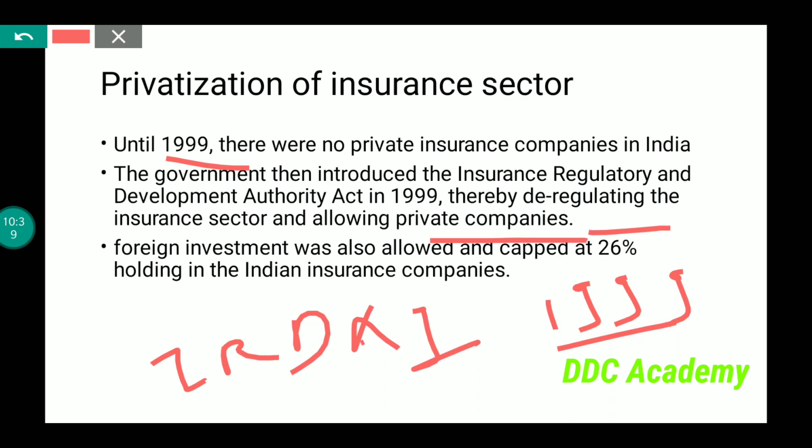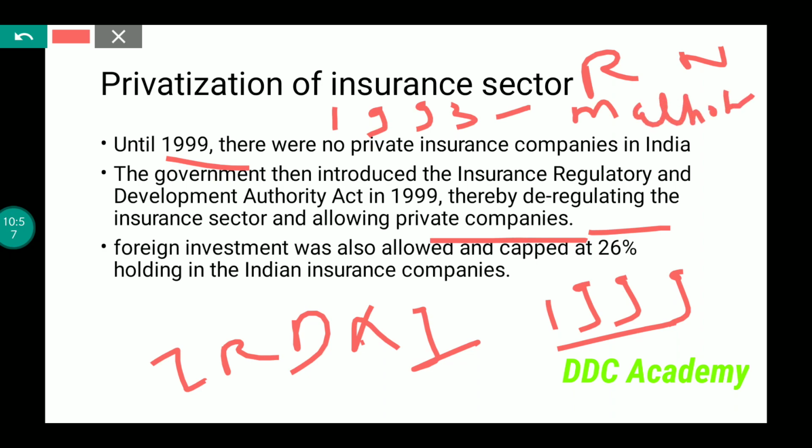One thing you have to keep in mind: which committee recommended privatization of the insurance sector? There was a committee formed in 1993, the Malhotra Committee, Dr. R.N. Malhotra Committee. Keep the name in mind.